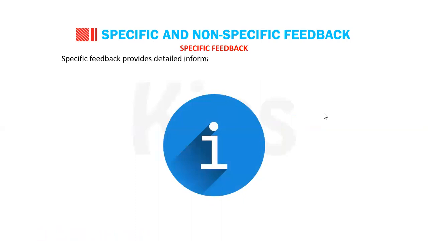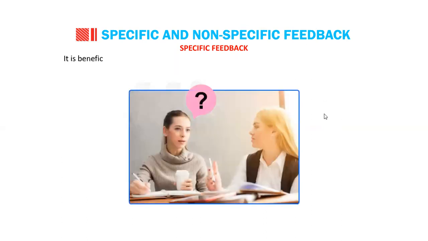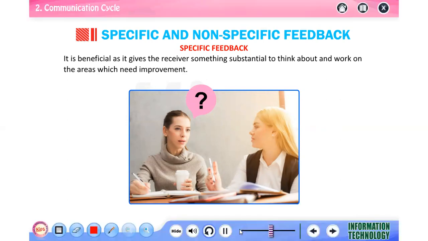Specific feedback provides detailed information about something particular relating to a task or the individual's performance. It is beneficial as it gives the receiver something substantial to think about and motivates the needed improvement. Specific feedback means it provides detailed information about something particular.